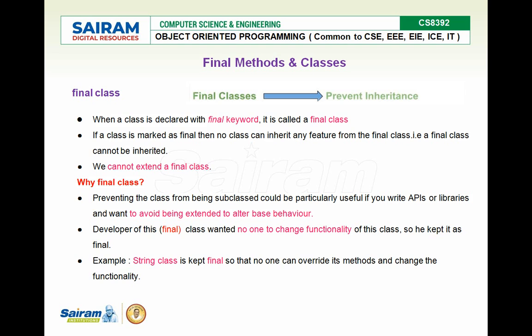So it is not allowed to override the methods of the String class. For that reason, almost all the important classes in java.lang are kept as final, because it is not allowed to override their methods. That's about the final class.